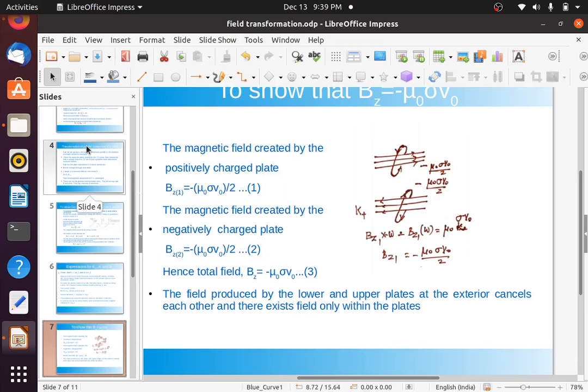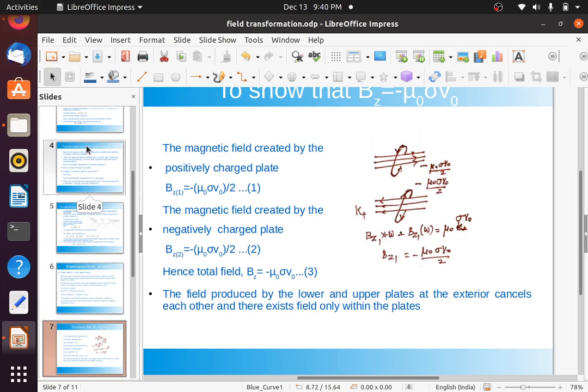Bz1 is the magnitude of the field, and with W you have to put a minus sign, giving minus Bz1 W. Then add the lower part: here Bz is directed towards us at the lower end, so you take W as a plus quantity, and you get that value.